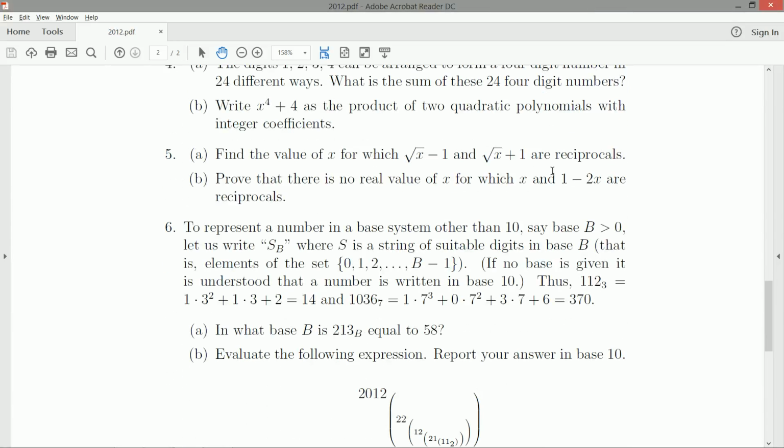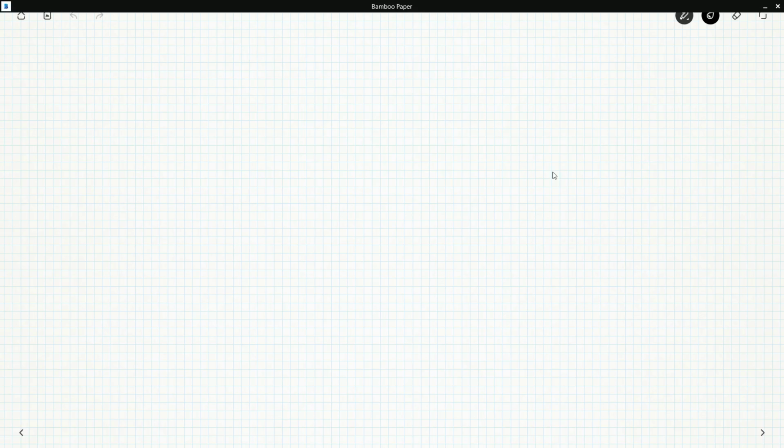But question 5 here, A part. Find the value of x for which square root x minus 1 and square root x plus 1 are reciprocals. So root x minus 1, root x plus 1, we've got to have them be reciprocals. Well, set up an equation.